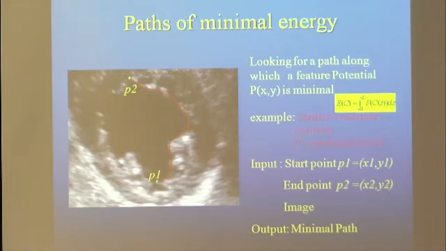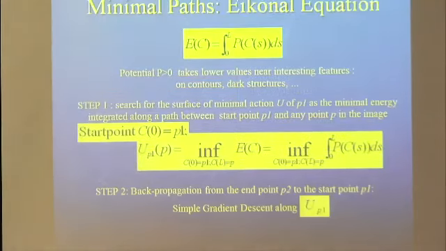What is interesting here is that it is a very fast method, and it is efficient because the problem is solved as finding a geodesic in a weighted distance metric, which means that when you look for a minimizer of this energy, where P is assumed to be positive, as I said, it can be small where you have contours or dark structure, whatever you look for.